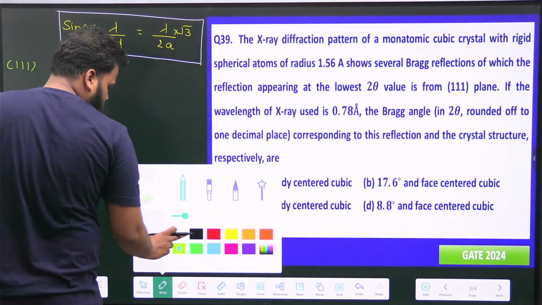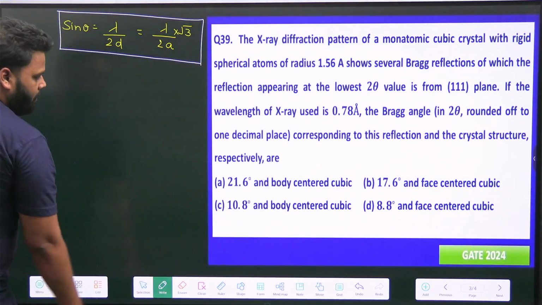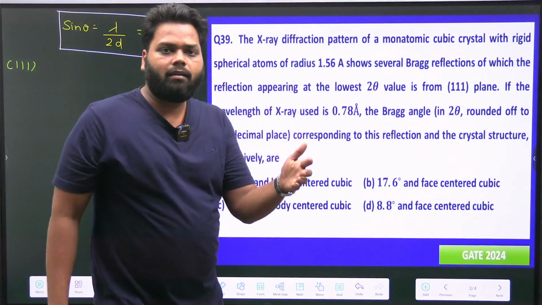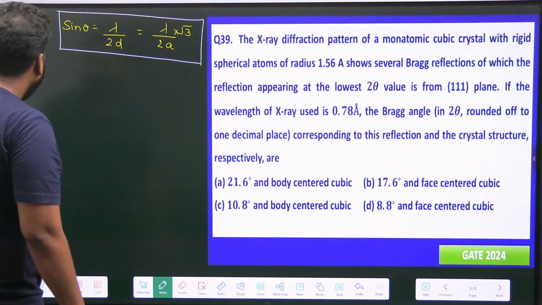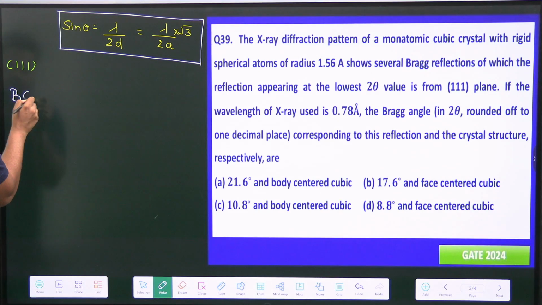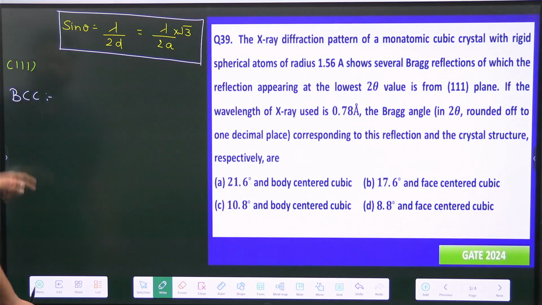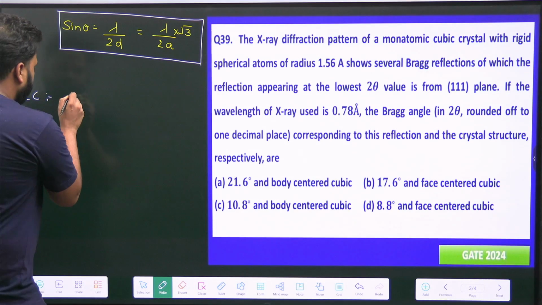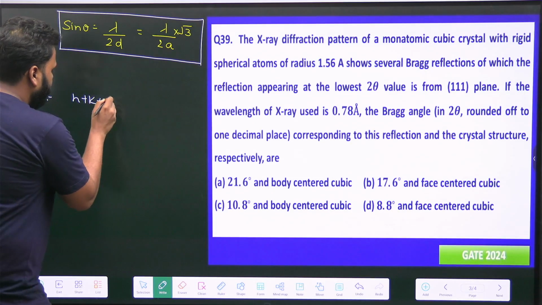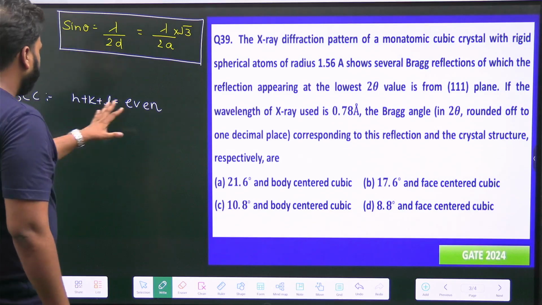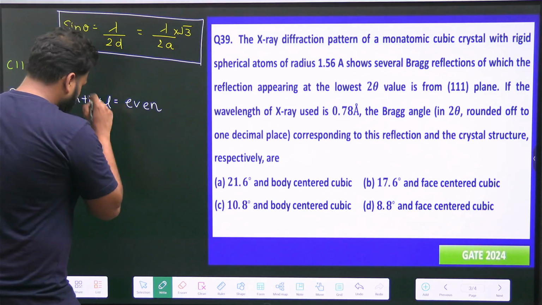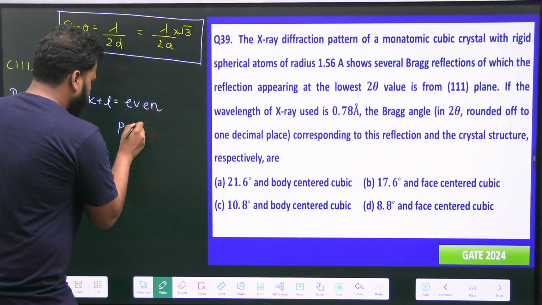If you know the condition on hkl to find out whether the plane follows the BCC rule or FCC rule, we all know from the concept of structure factor that for BCC, h plus k plus l, this sum should be even. If this is so, then we can say that the peak will be present, otherwise it will be absent.